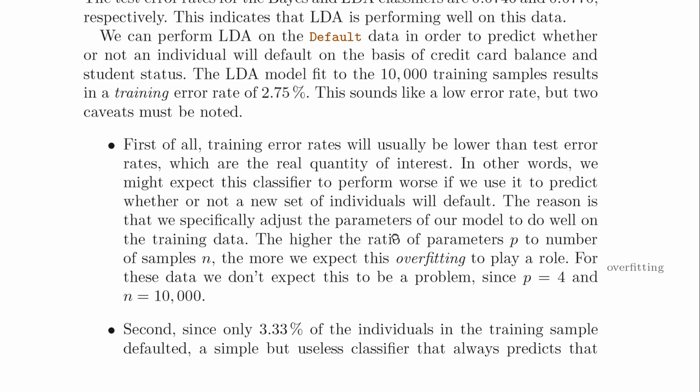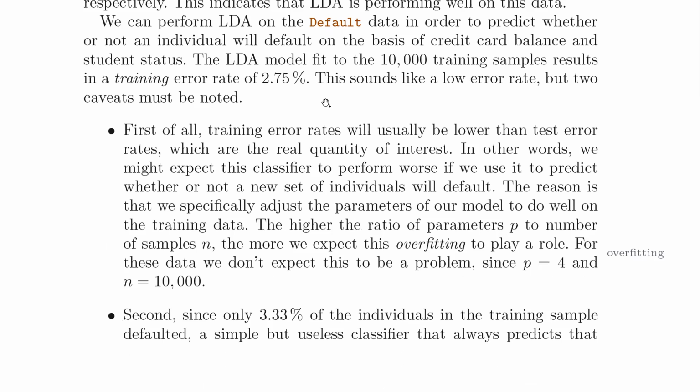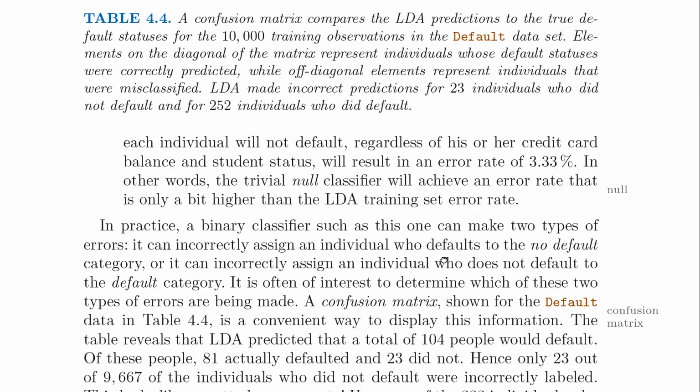So I think what we're saying is, although 2.75% looks low, when you compare it to the number of individuals that did default, it's actually quite a high error relative to the number of people that actually did default.